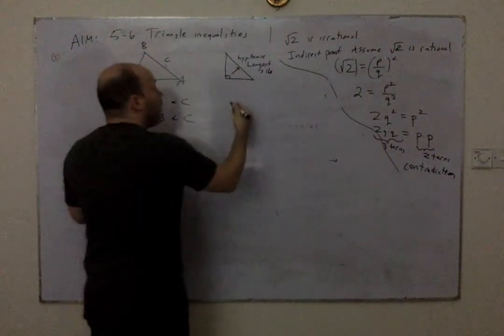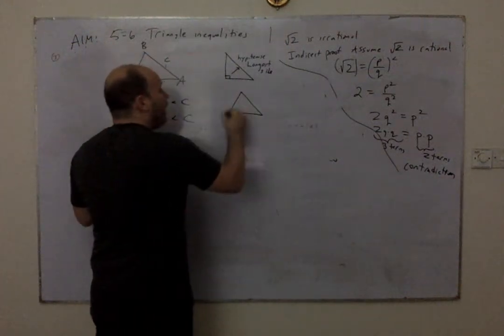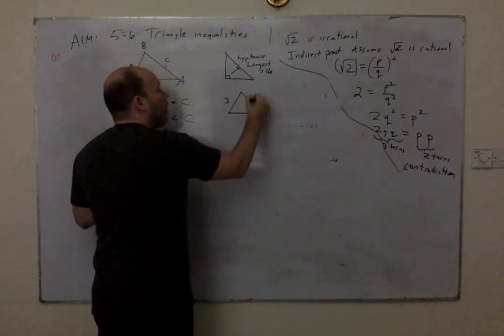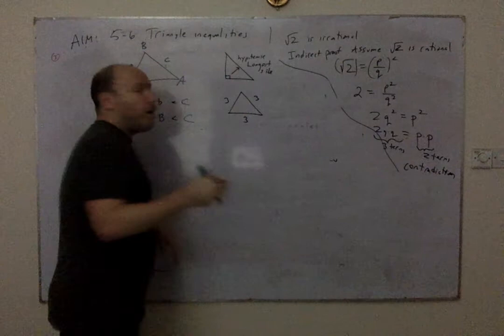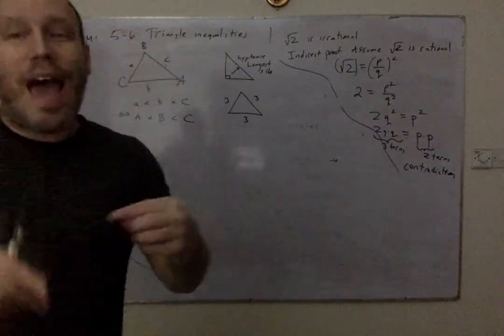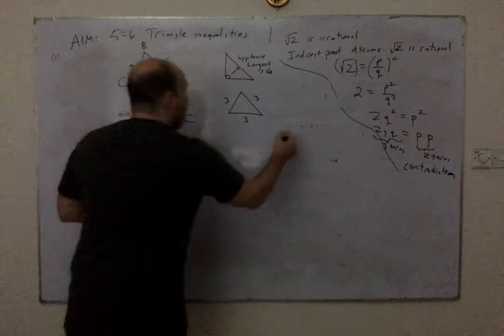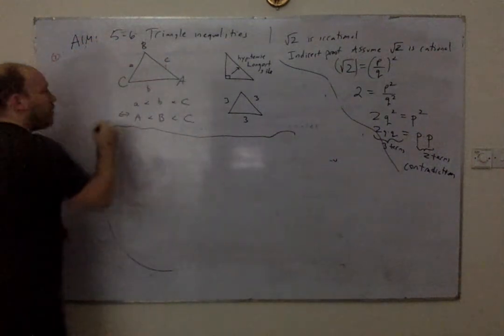We know that, so for example, in an equilateral triangle, let's say 3, 3, 3, because all the sides are equal, all the angles are equal. Kind of cool.